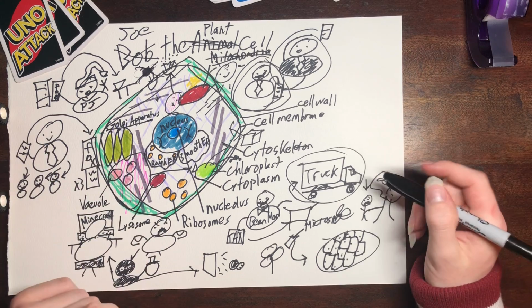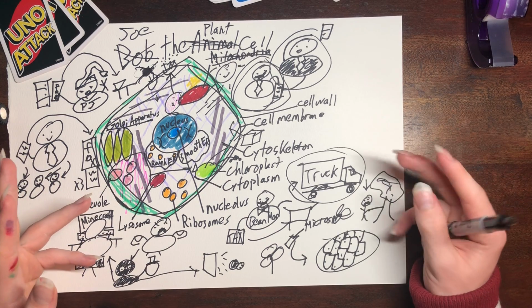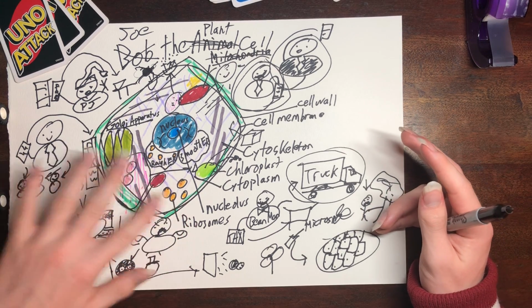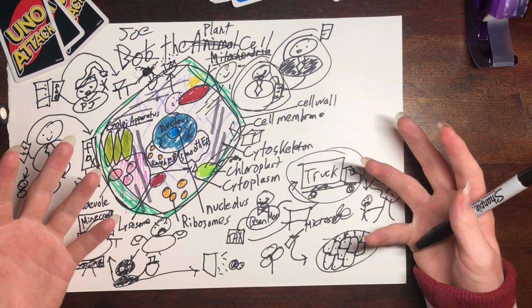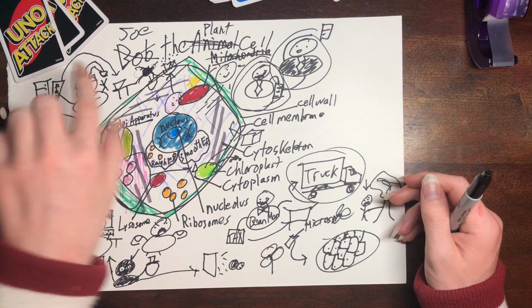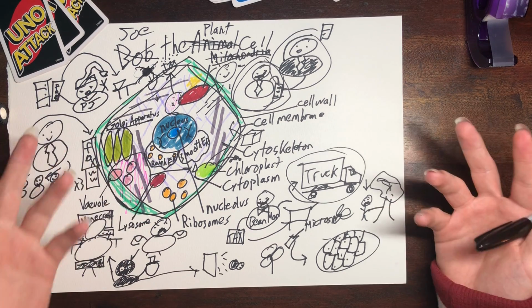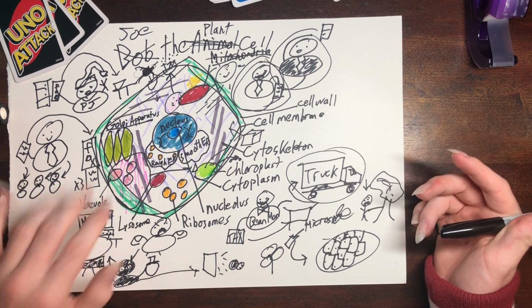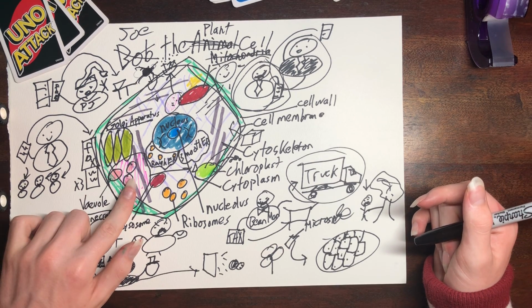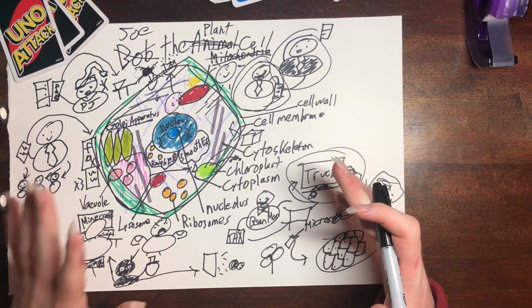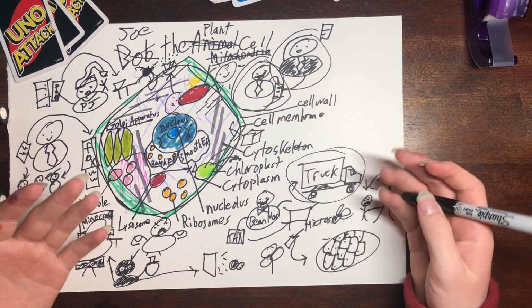But a single-celled organism can't be as complex as, say, humans, with trillions of cells, making millions of new ones every day. These cells are way too complex to be by themselves. They wouldn't be able to function.